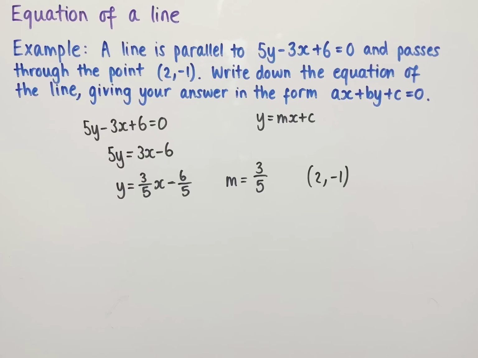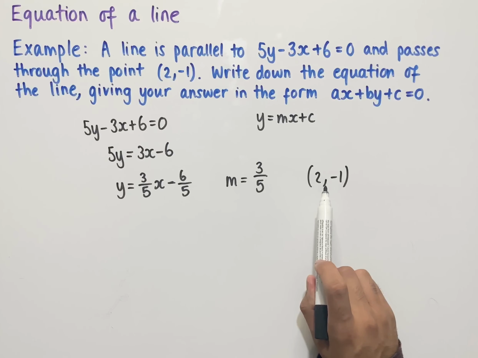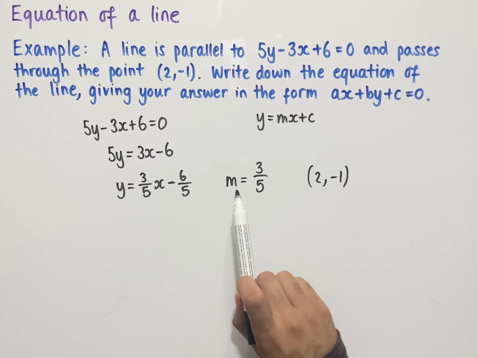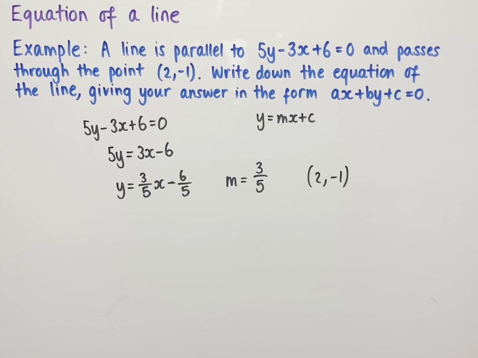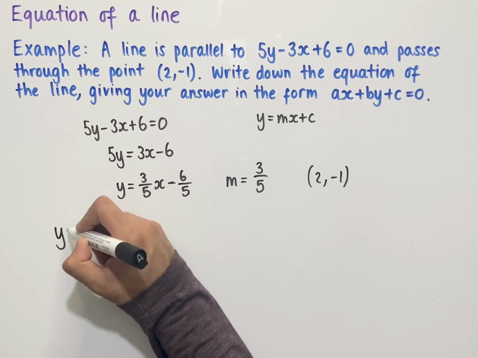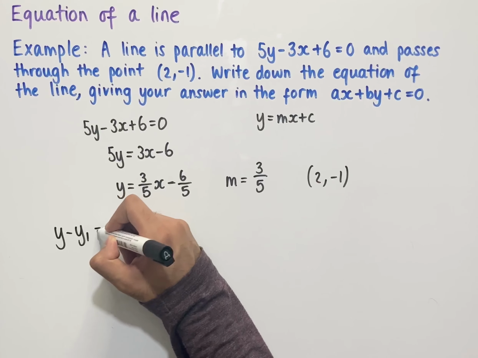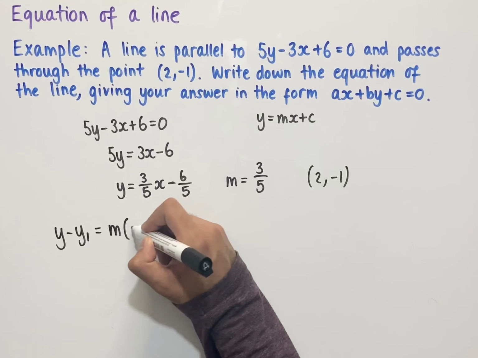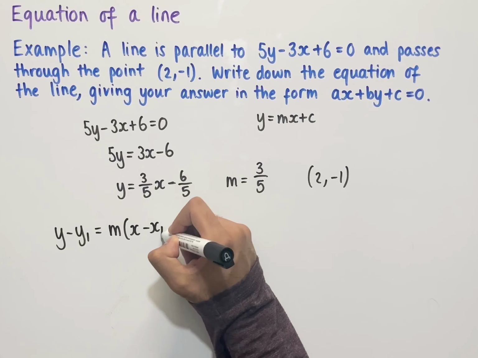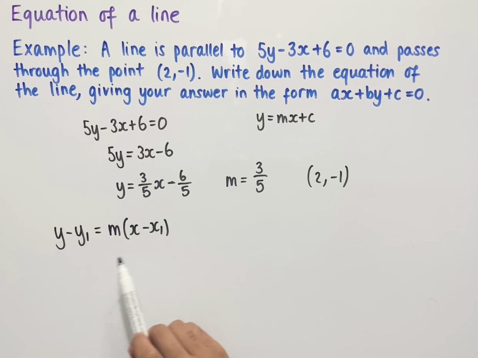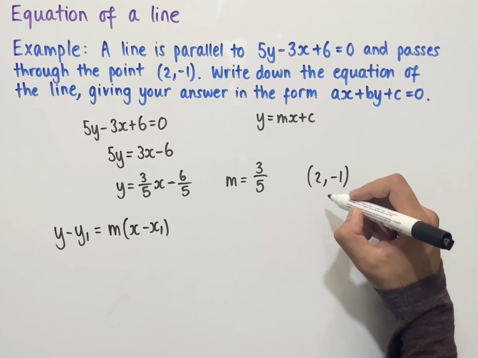And so since we have a point and we have the gradient, we can use the following equation to work out the equation of the line. So we have y minus y1 equals m brackets x minus x1, where x1 and y1 are the coordinates of the point that we have.